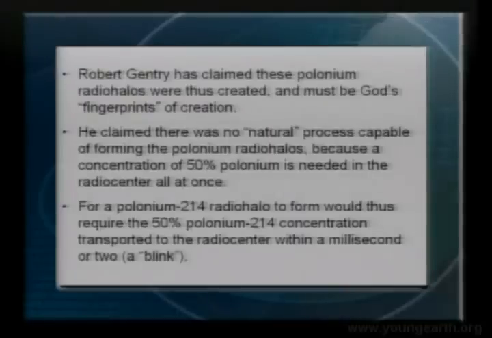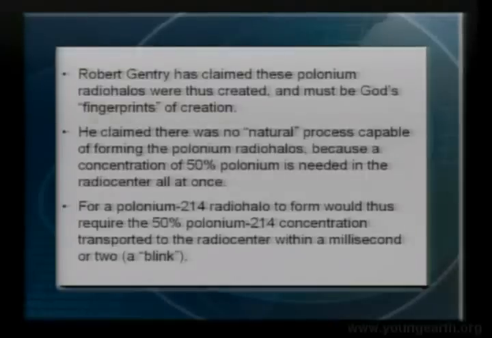So you had to have between 500 million and 1 billion polonium atoms in the centre to produce that decay. And so he argued if it was there all at once, how would you get it all there at once if it only survived for a fraction of a second? He said, aha, God must have created it there in the rock.